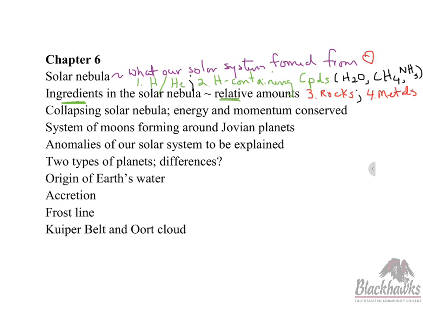And then we have number 2 there is H, or hydrogen containing compounds. And then in black I put what those compounds are. Of course, water's a compound, CH4 is methane, NH3 is ammonia. So those were by far the most abundant in the solar nebula that became the sun and the planets.